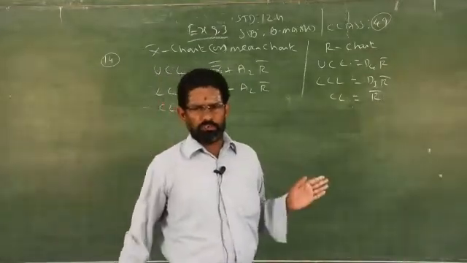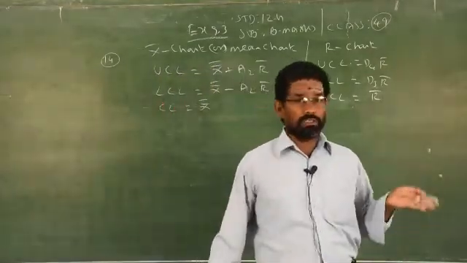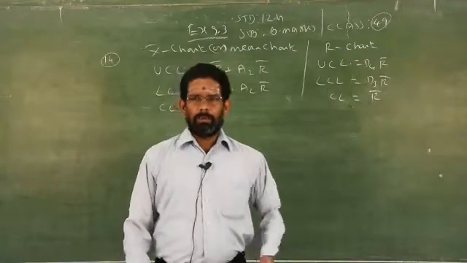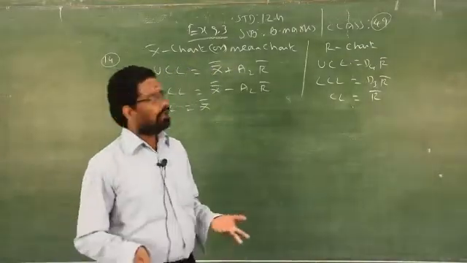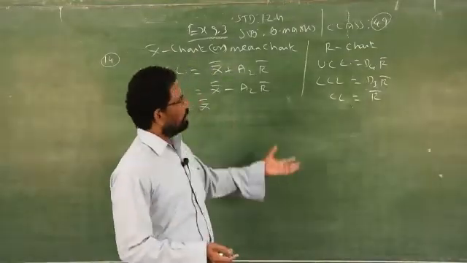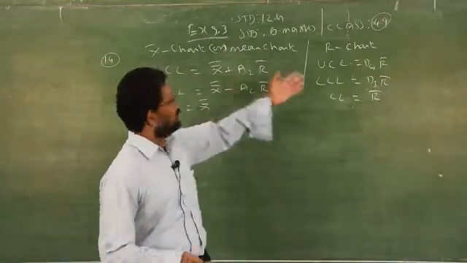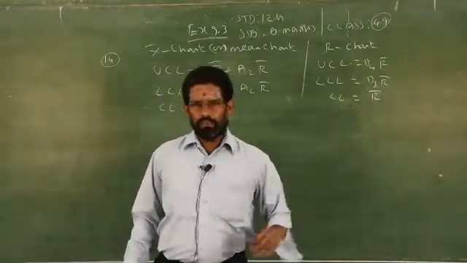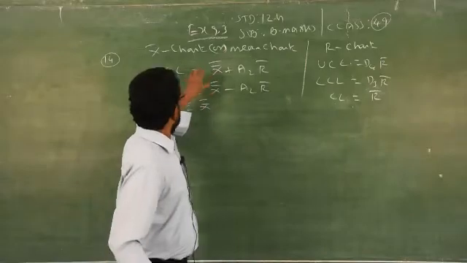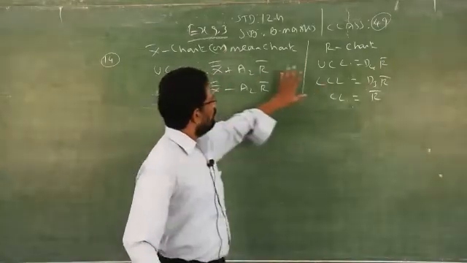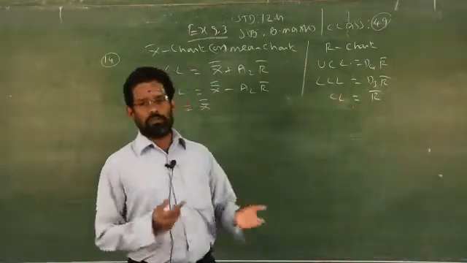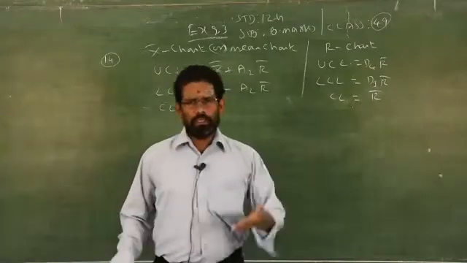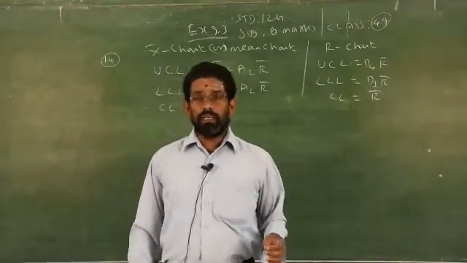There are some different formulas when mean and standard deviations are given. We have some formulas, but here we did not use those formulas to find the x bar chart and R chart. Clear? Here we are using only these two formulas. With the help of these two formulas only, we are going to find out the x bar chart and R chart.